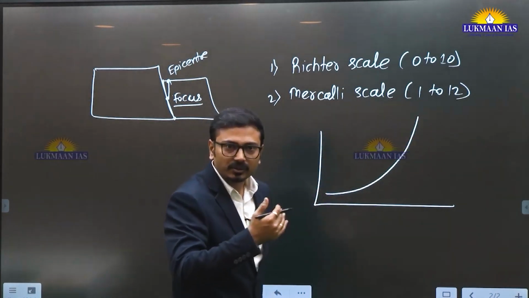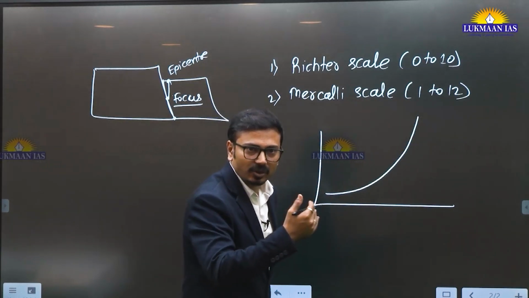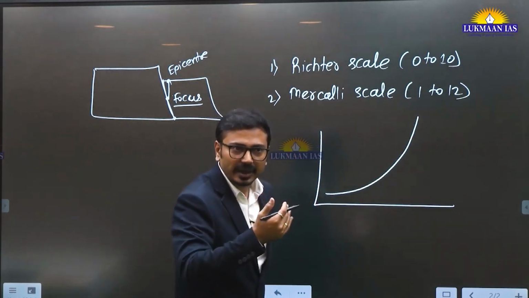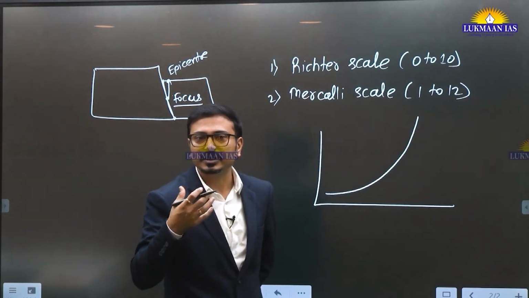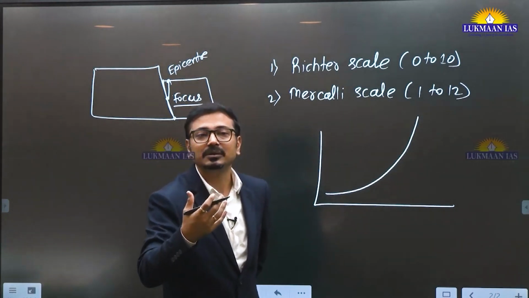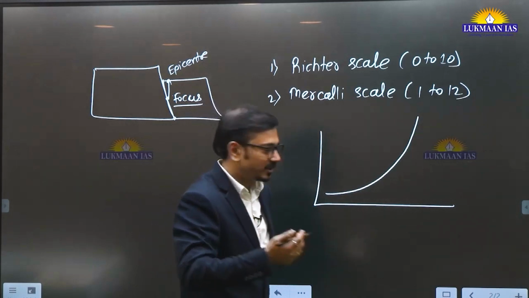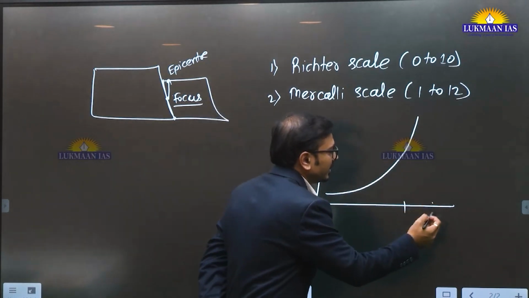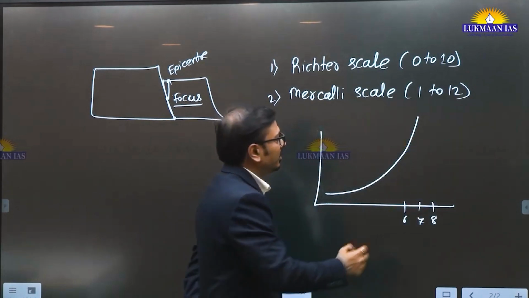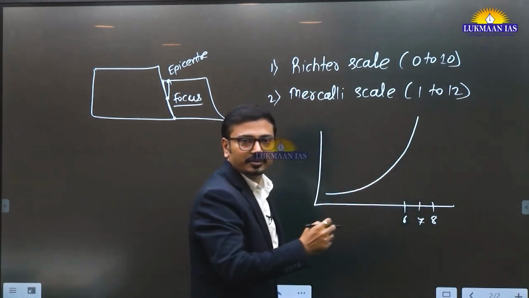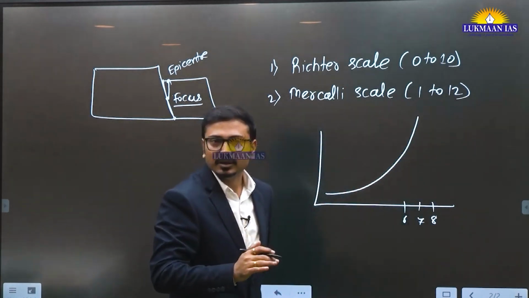That is the difference in logarithmic, and that's why the major destruction caused by an earthquake is of larger magnitude after 6. Generally it happens in this range. Because of this logarithm, have you understood this?